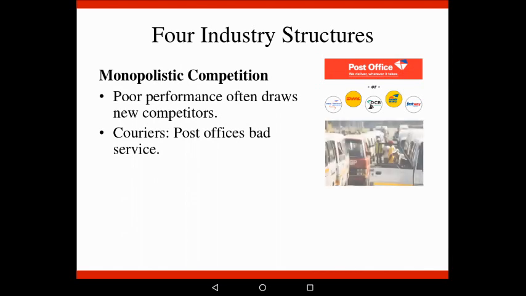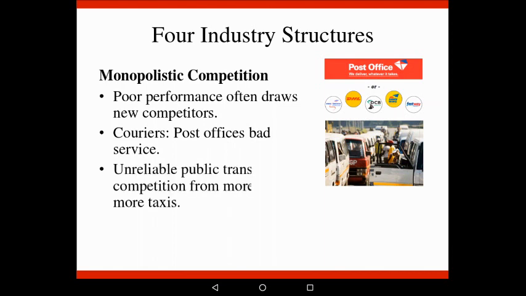Because it's a public service, so it's attracted others like DHL and Fastway and Dawnwing and so forth, couriers into the industry, who are now competing against the post office.